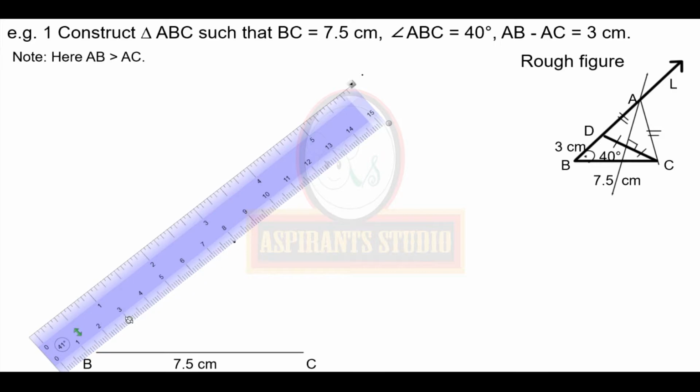Now, coming to the steps of construction. You have drawn segment BC of length 7.5 centimeters now. Now, we have to draw ray BL such that measure of angle LBC is equal to 40 degrees. We have taken the protractor and taken measure of angle LBC as 40 degrees.